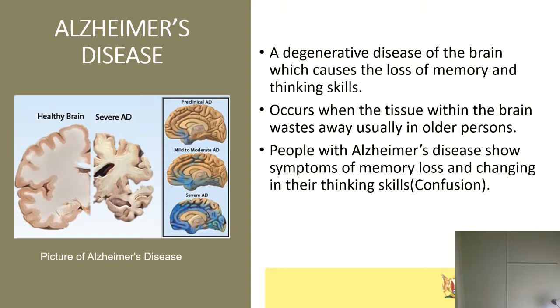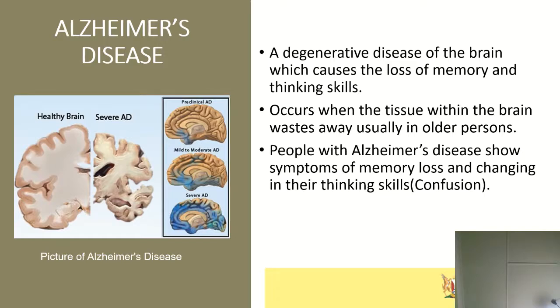It occurs when the tissue within the brain wastes away, usually in older persons. And the people with this disease display symptoms of, as I've said, memory loss, and also a change in the way they're thinking.